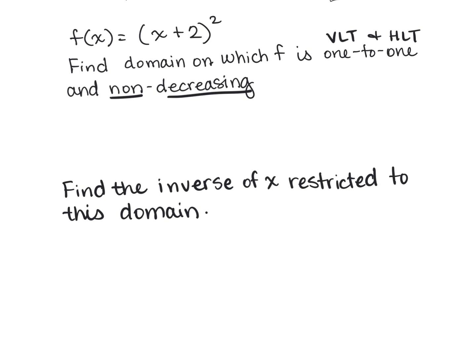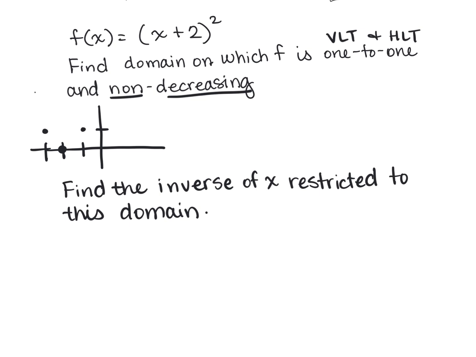As I look at this graph, I know that it is a parabola. I know that by adding 2, I have moved 2 to the left. Now, if I drew that entire thing, then I do not pass the horizontal line test. So that would mean that it is not 1 to 1.